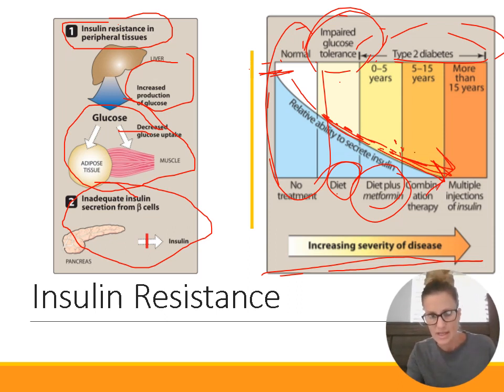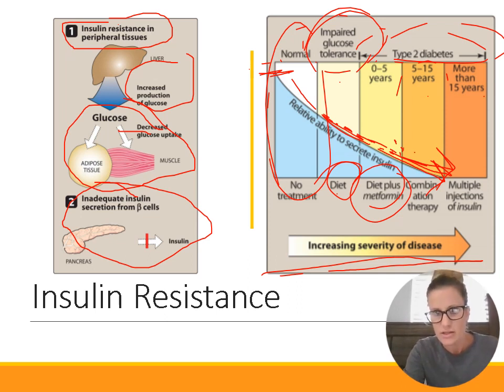It's going down and down and down. So generally between 5 and 15 years, the medications that we need to use are increasing from here. We might need to add a dose of insulin on board to their therapy.